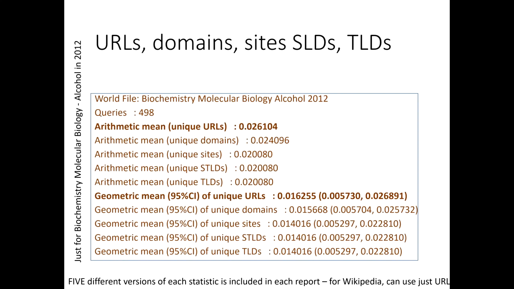And here's an example. These are the biochemistry, molecular biology, alcohol results for the world file, and you can see the geometric mean for the world file. It contains 5 rows, URLs, that's the pages one, domain sites, STLDs and TLDs, all very similar numbers. In fact, in this case, they're almost all the same. The last 3 are the same anyway.